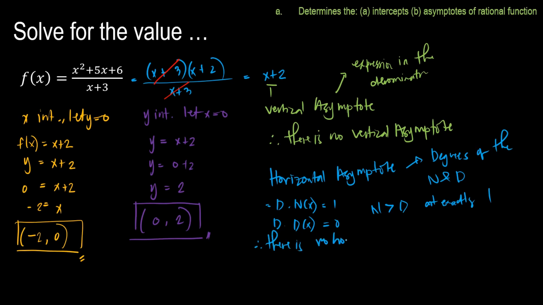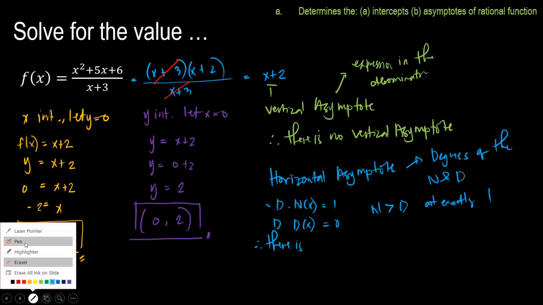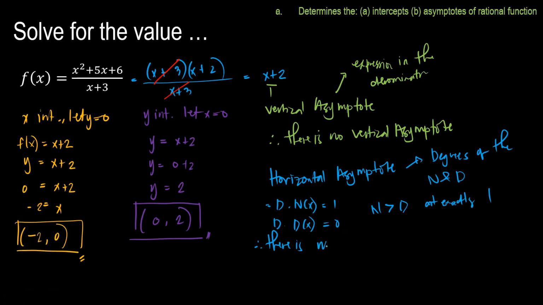So, we can say that, therefore, there is no horizontal asymptote. Kasi magkakaroon lang siya ng asymptote kapag less than ang degree ng numerator kay denominator at equal yung degree nilang dalawa. So, since greater than si numerator kay denominator, so therefore, there is no horizontal asymptote.